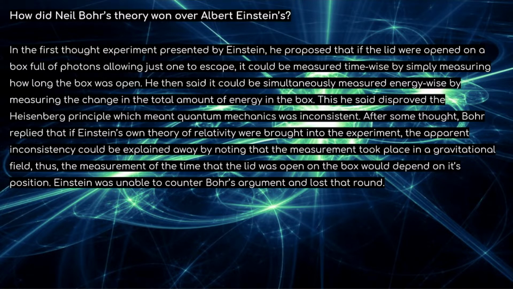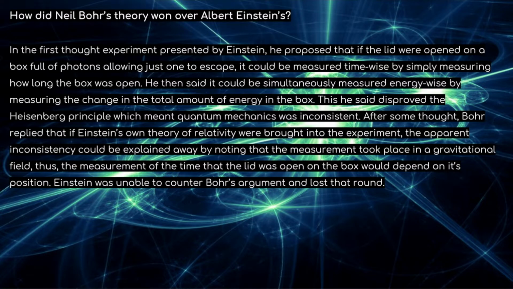He then said it could be simultaneously measured energy-wise by measuring the change in the total amount of energy in the box. He said this disproved the Heisenberg principle, which meant quantum mechanics was inconsistent.